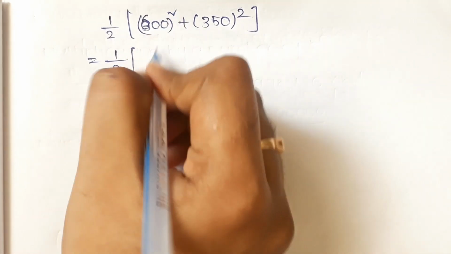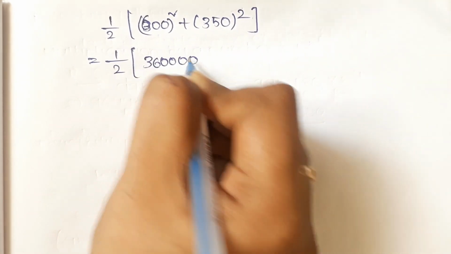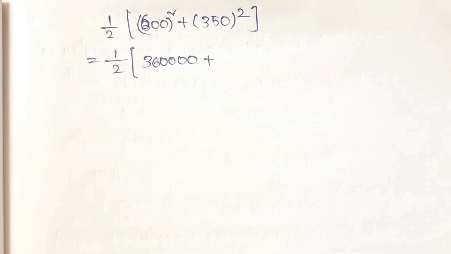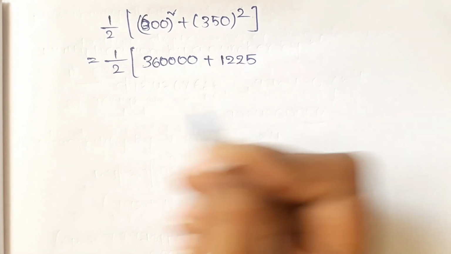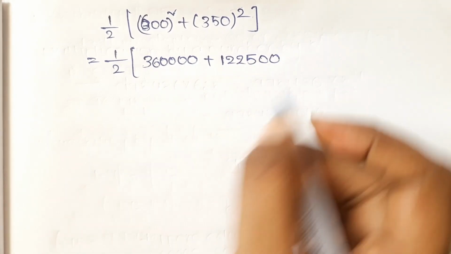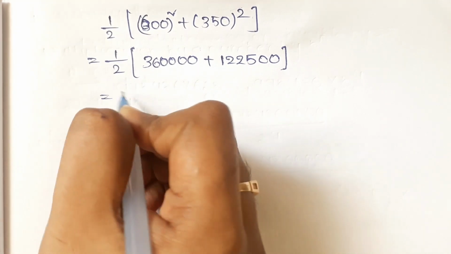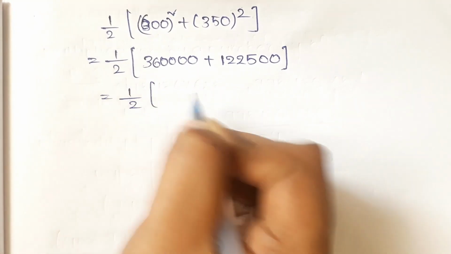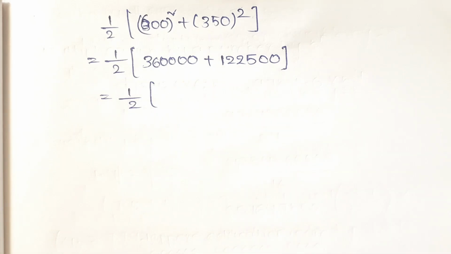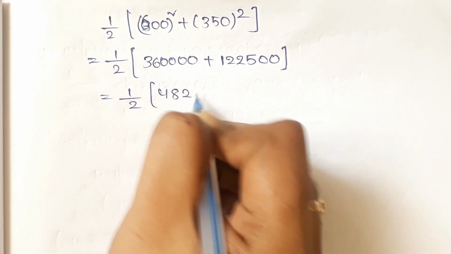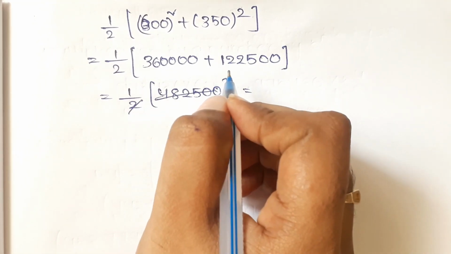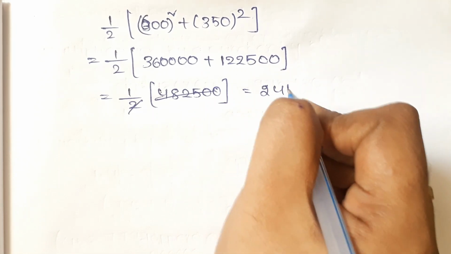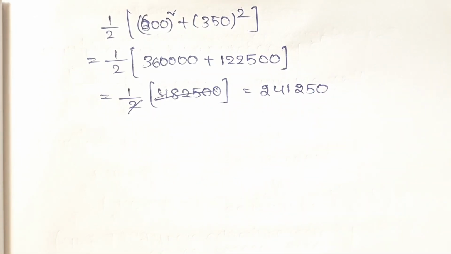And now 600 whole square is nothing but 3,60,000, and 350 whole square is nothing but 1225, 2 zeros, and from this when we do this solution we will get 4,82,500, and when we cancel this, we will get 2,41,250, and this is the solution for this model.